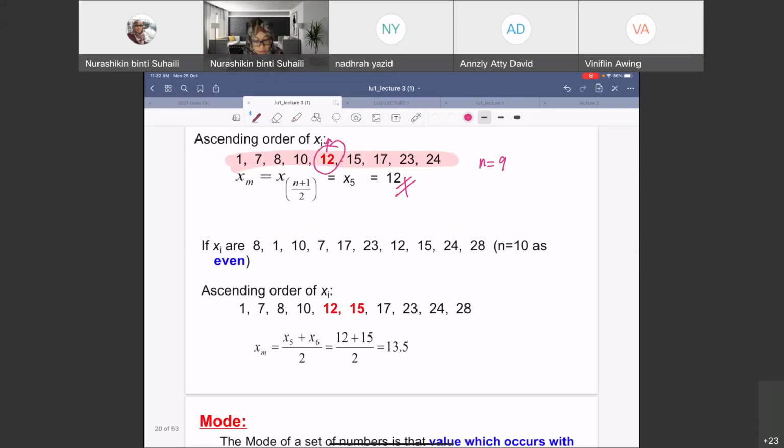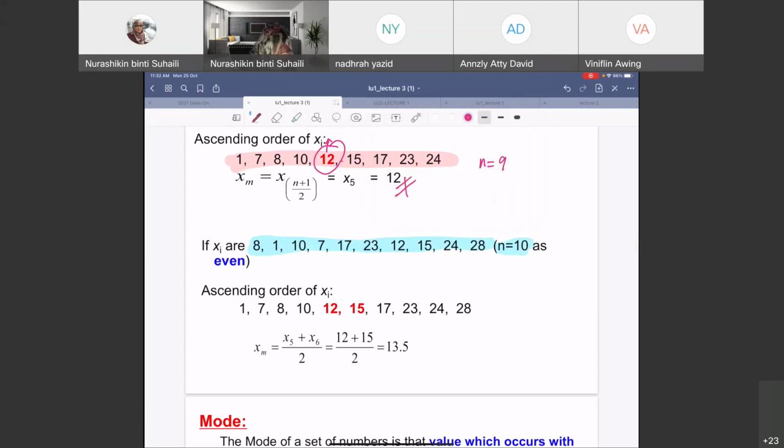But what happens when it is an even number, like n is equal to 10? Okay, so this is the distribution. You can see that the ones in the middle are... Oh, no, it's not yet.